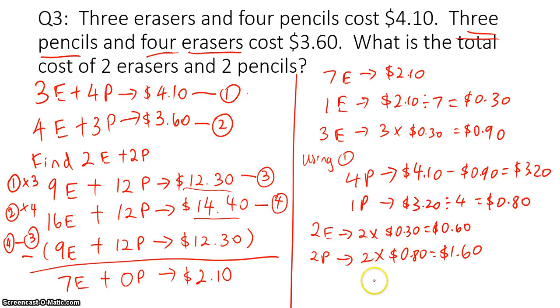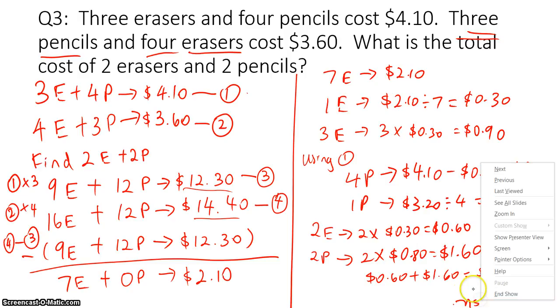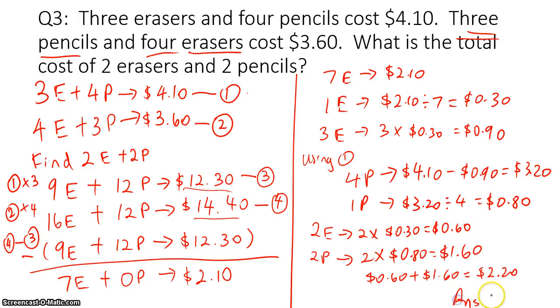So the total cost would be 60 cents plus 160 cents, which will give us 220 cents. So we have found our answer, 220. Okay.